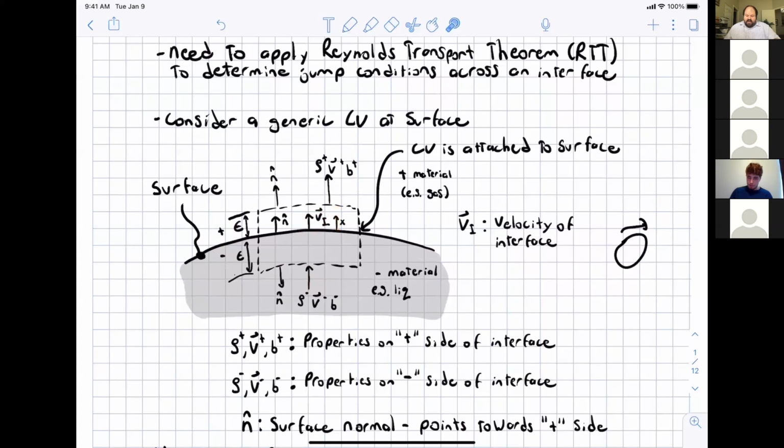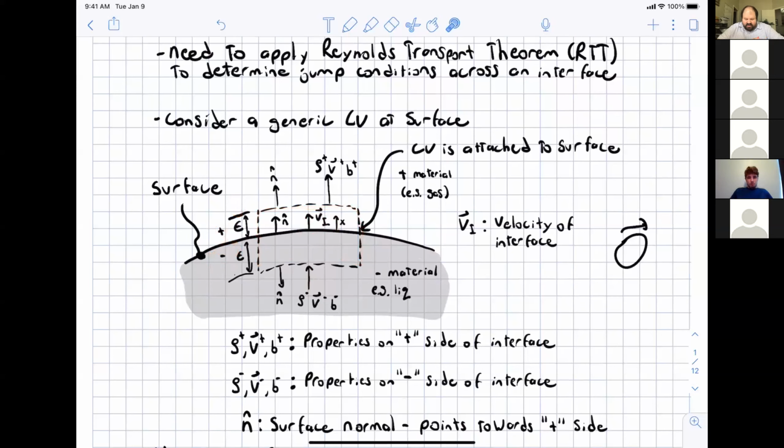to the interface. Now, when I choose this control volume, I'm going to choose a clever control volume. I guess it's not clever on my part, it's clever on the folks who came up with it. I'm going to choose a very skinny control volume, where the height of it into either the plus side or the minus side is a very small epsilon.